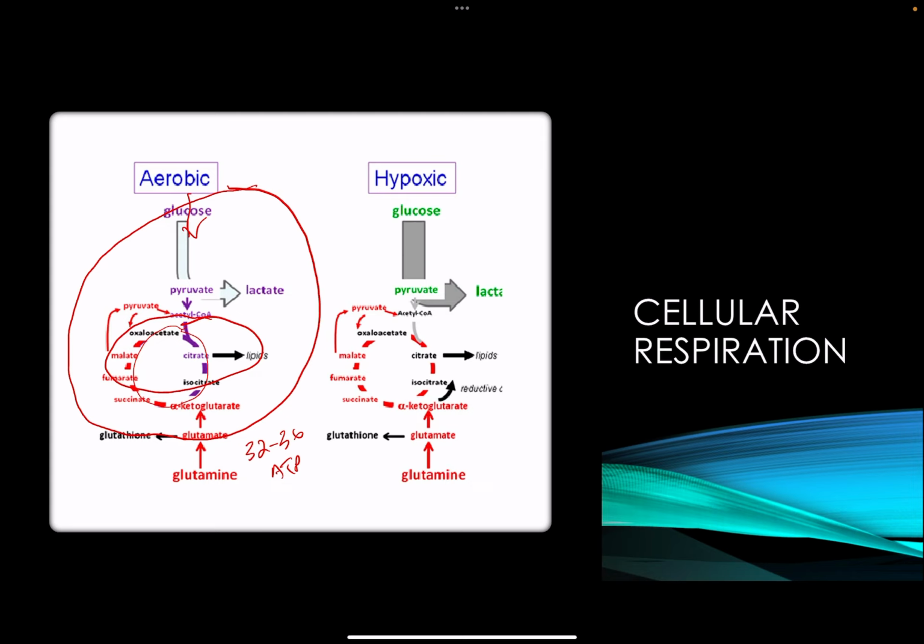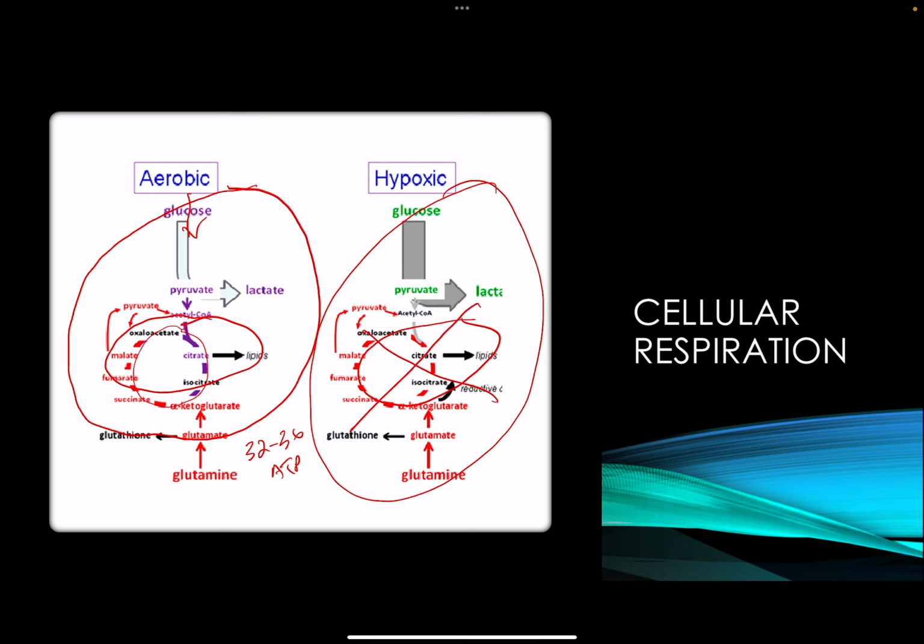On the right-hand side, we're looking at a hypoxic environment, so there is not oxygen readily available. The biggest change we're going to see is that we need oxygen for the electron transport chain to continue going. So in a situation when there is no oxygen, the electron transport chain isn't used.